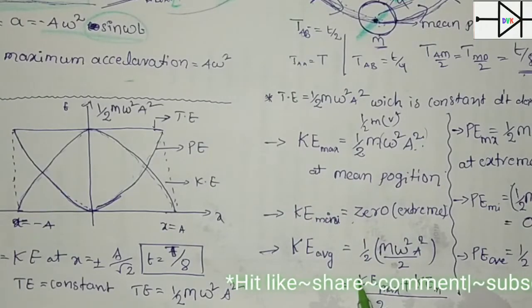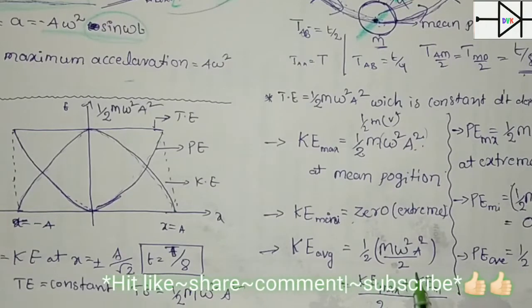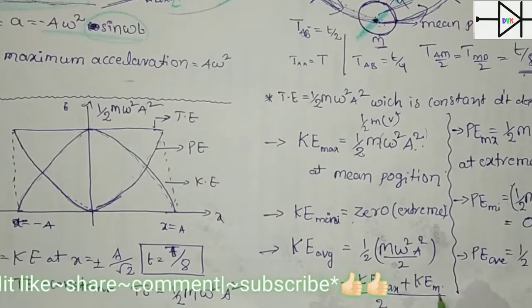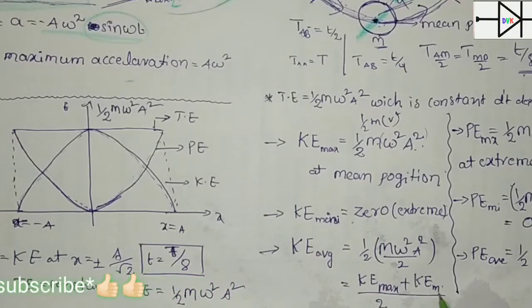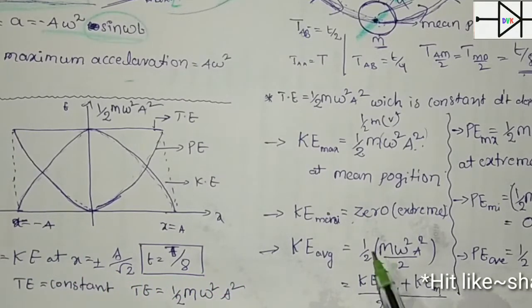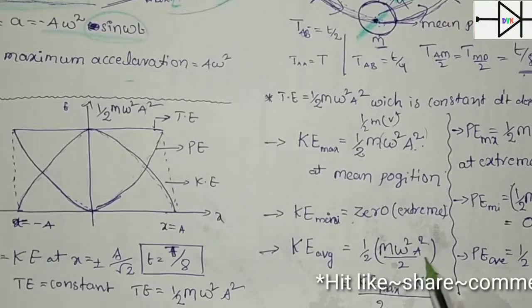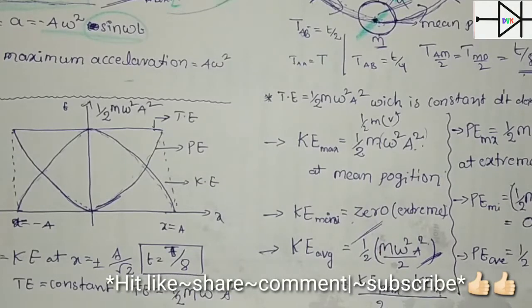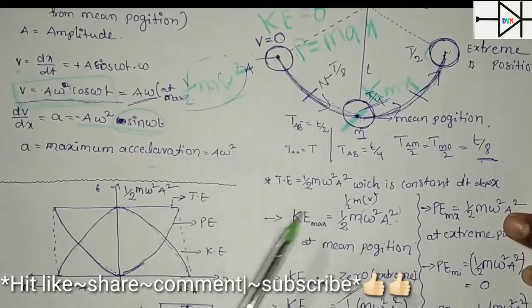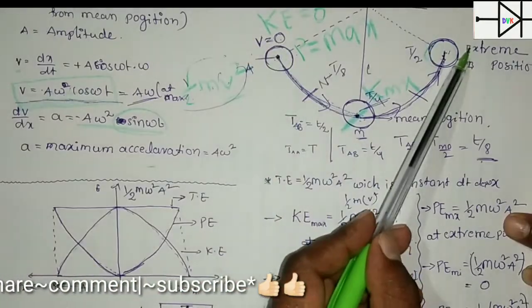Now KE maximum plus KE minimum by 2 is the average. We will get the formula (1/4) m omega square a square. It is the average energy. Both are the same. Kinetic energy at extreme points is 0.